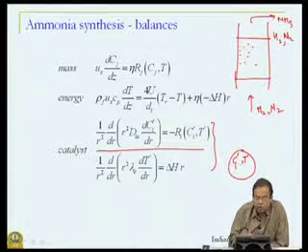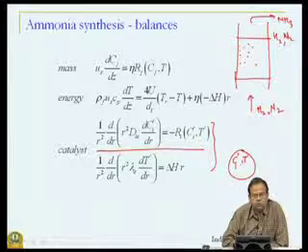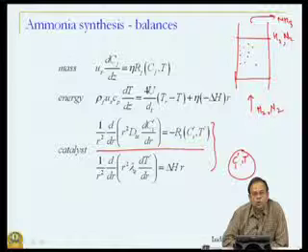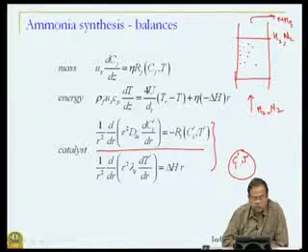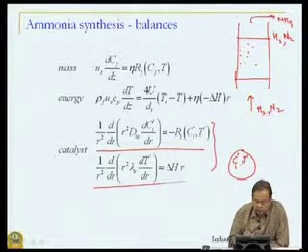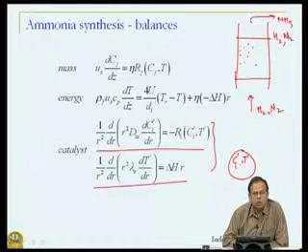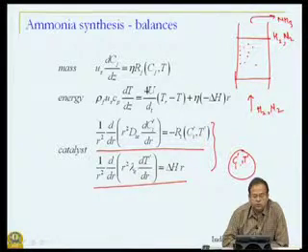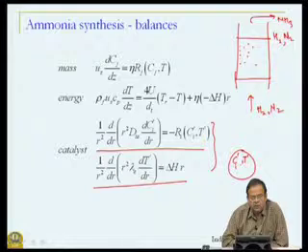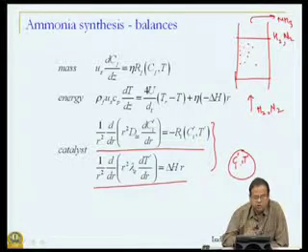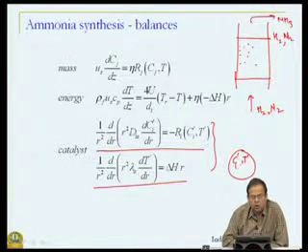Steady state diffusion and reaction. This we had seen when we talked about an individual catalyst. Similarly, a non-isothermal catalyst pellet. So, energy balance: the rate of reaction times the heat of reaction is your conductive heat transfer.